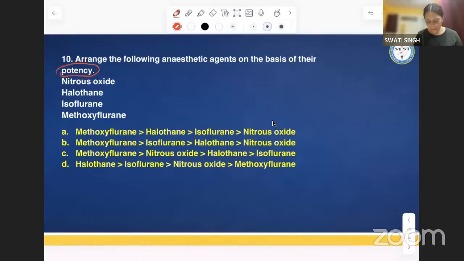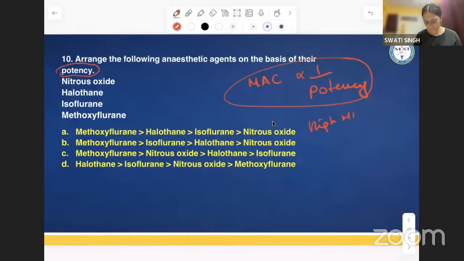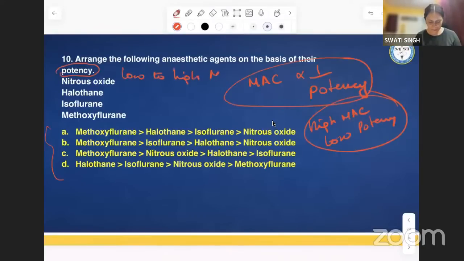MAC is inversely proportional to potency. High MAC, low potency. Low MAC, high potency. So we arrange them from low to high MAC, which means high to low potency.